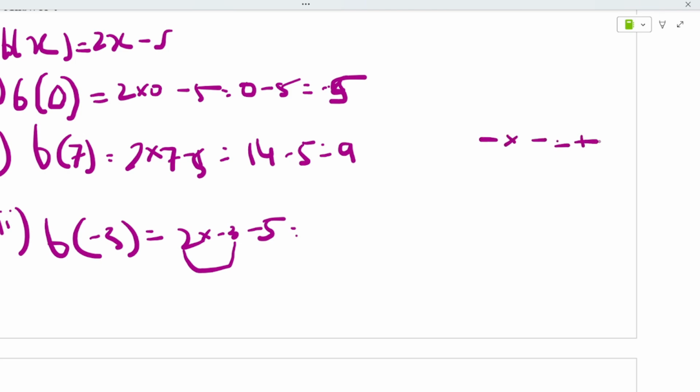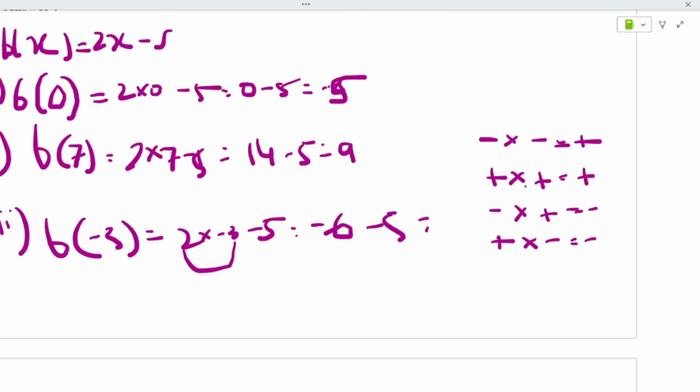Minus into minus is equal to plus. Plus into plus is equal to plus. Minus into plus is equal to minus. Plus into minus is equal to minus. 2 is positive and 3 is negative, so it will give negative. So minus 6 and minus 5, as it is.